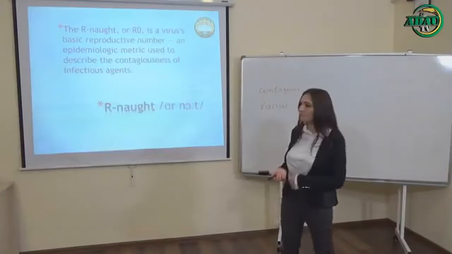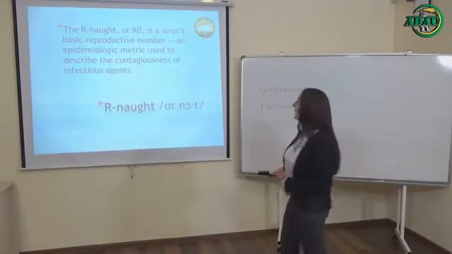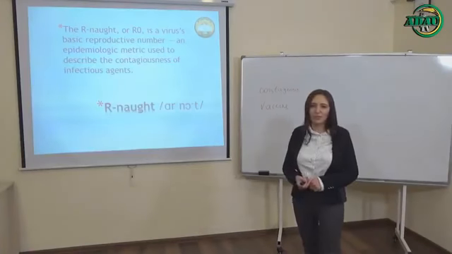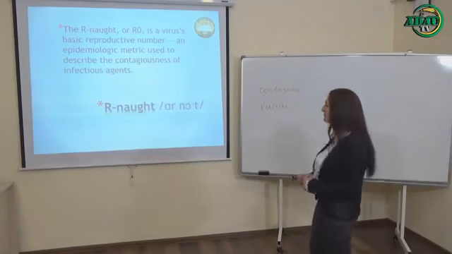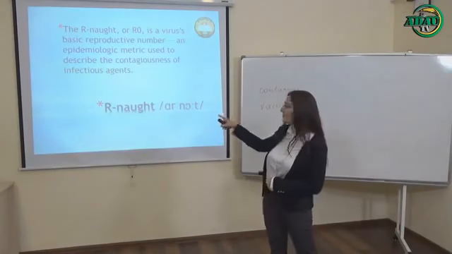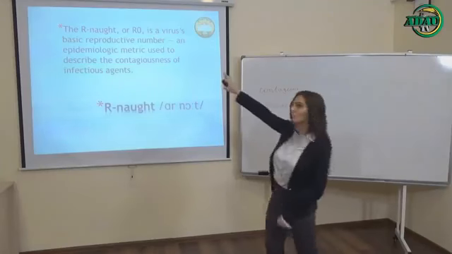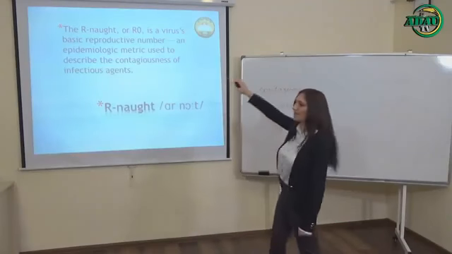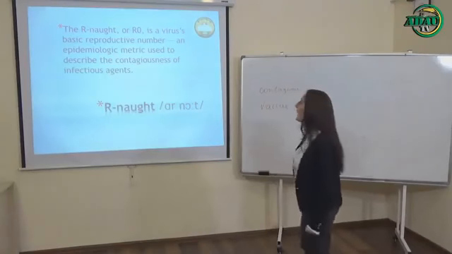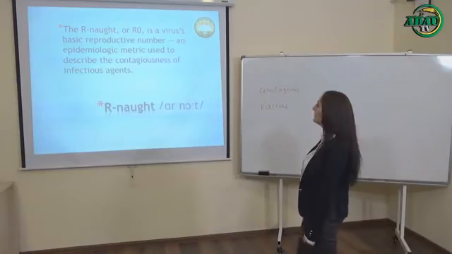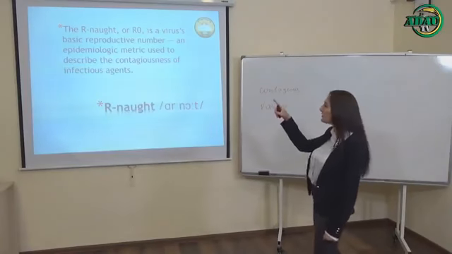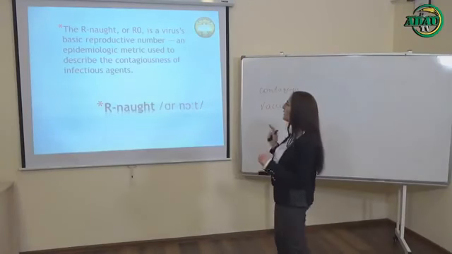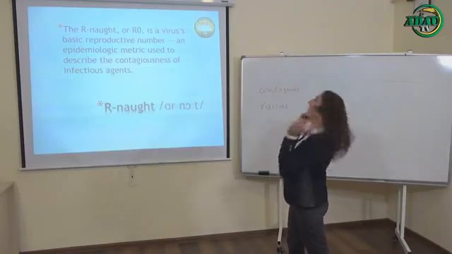Okay. R note. Do you remember I showed you the flattening the curve vocabulary there? Remember? There was R note there. R note, or as you can see, R0, pronounced as R note, is a virus's basic reproductive number, an epidemiologic metric used to describe the contagiousness of infectious agents.